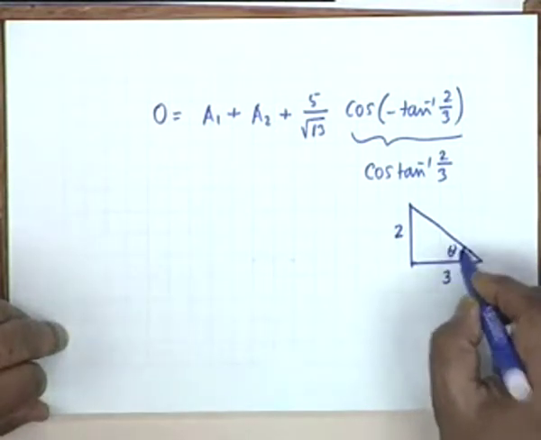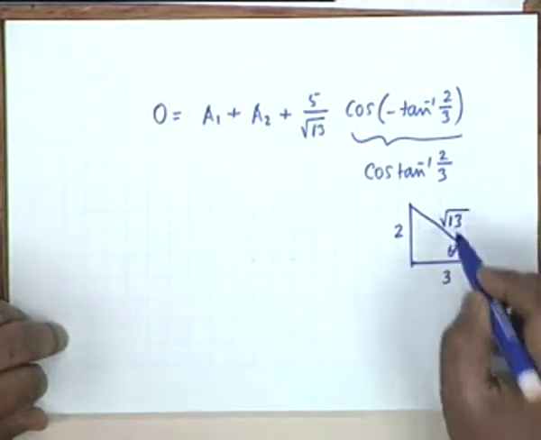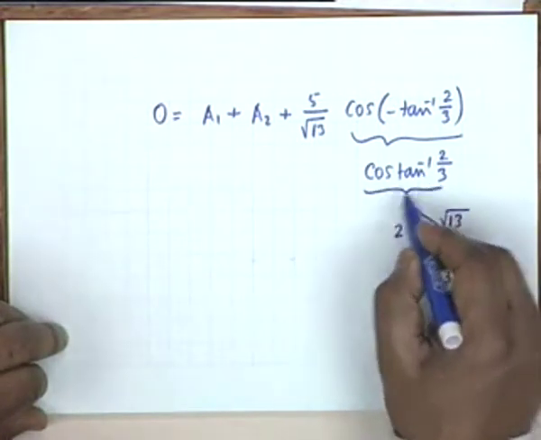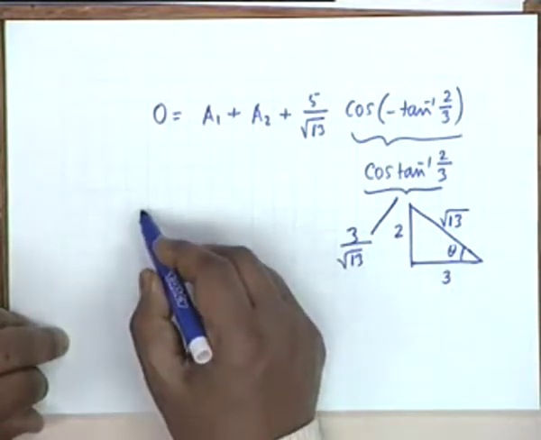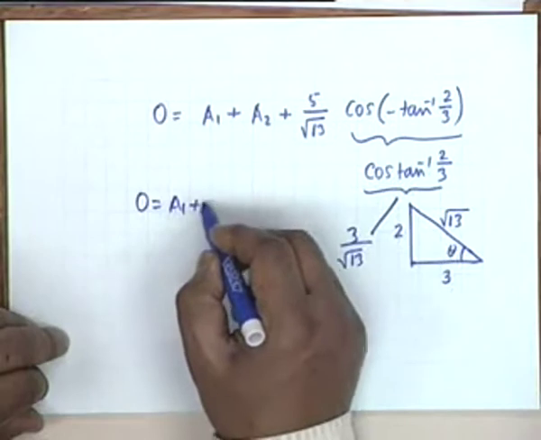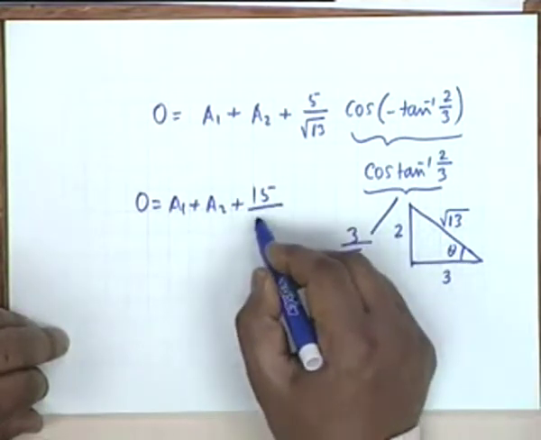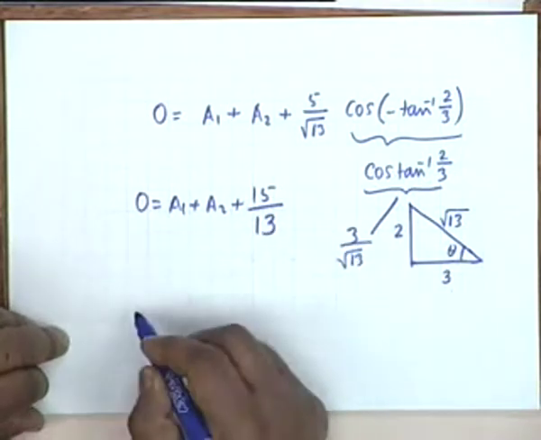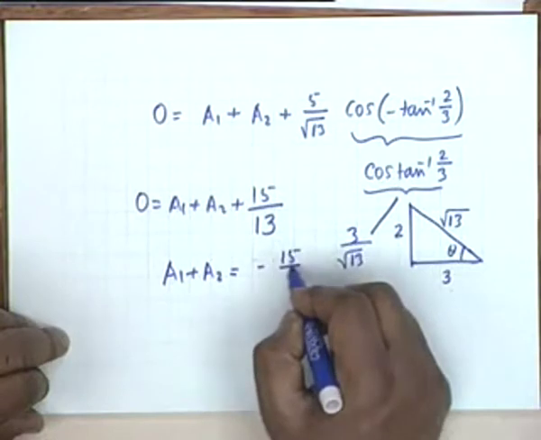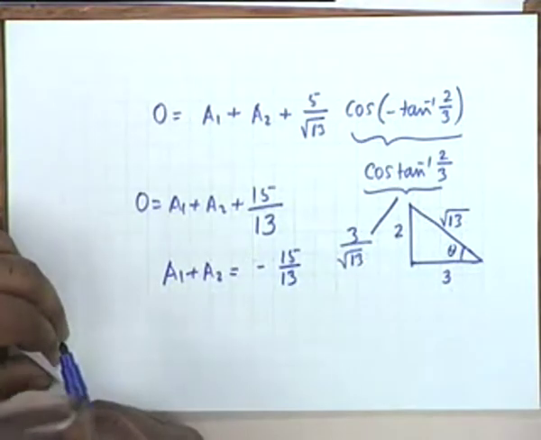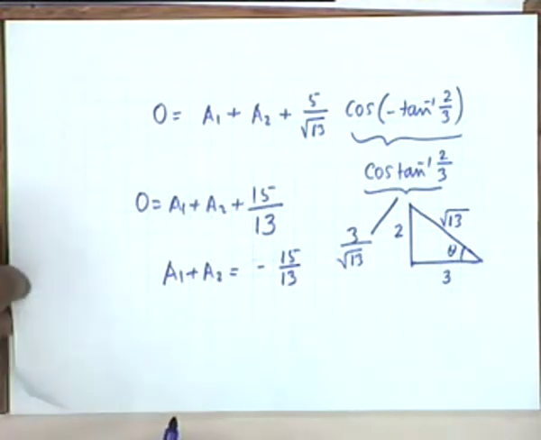And therefore cosine of this angle would be 3 by root 13, which means that 0 shall be equal to a1 plus a2 plus 15 by 13, and therefore a1 plus a2 shall be equal to minus 15 by 13. Without consulting the table, it is possible to write it in this form, all right.